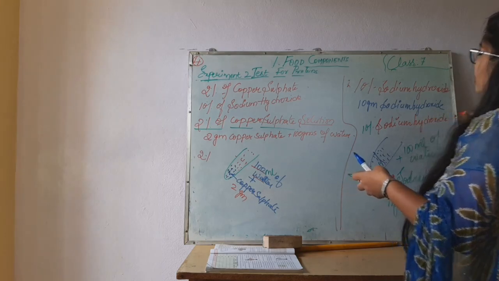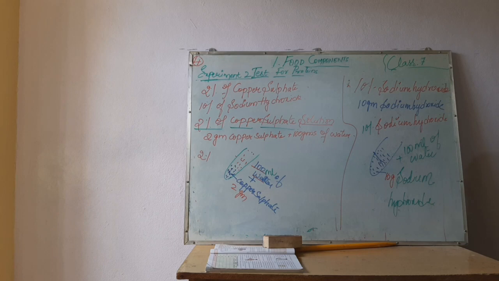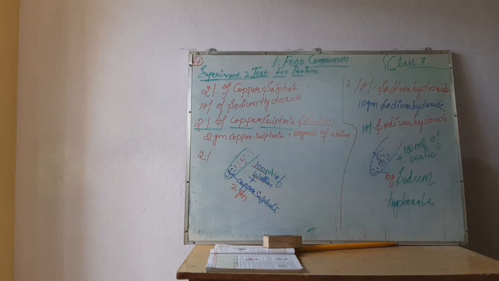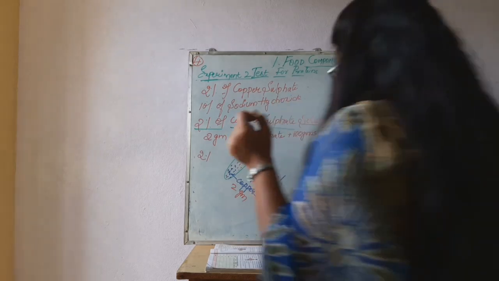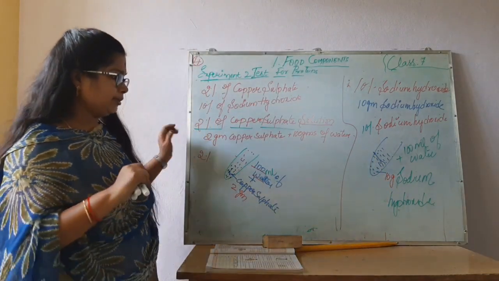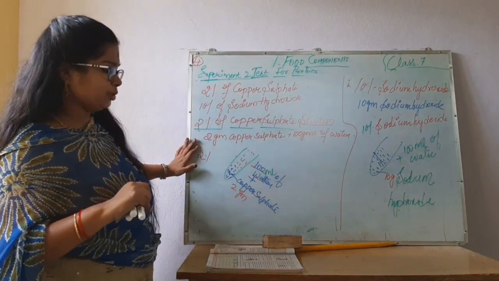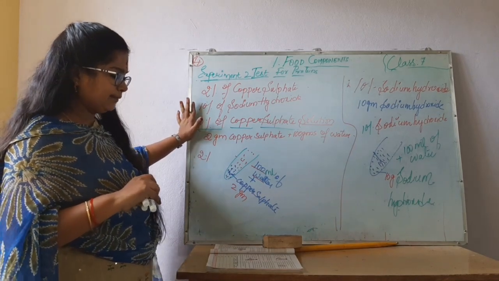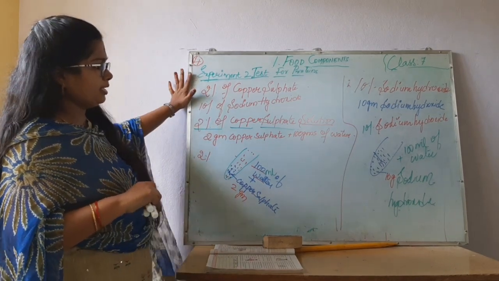To get 10% sodium hydroxide, you need to add 10 grams of sodium hydroxide plus 100 ml of water. There also 100 ml of water plus 2 grams of copper sulfate will give you 2% copper sulfate. Here 10% sodium hydroxide. So these are the two solutions you need to prepare well to test proteins.